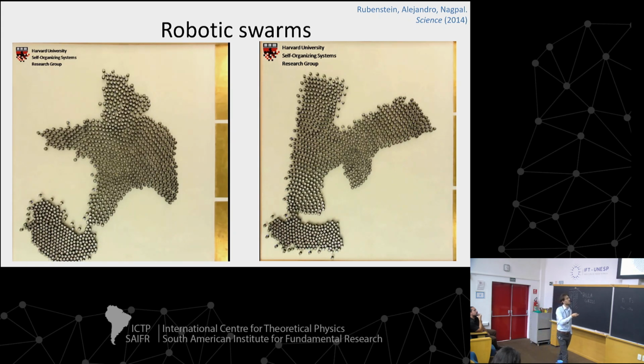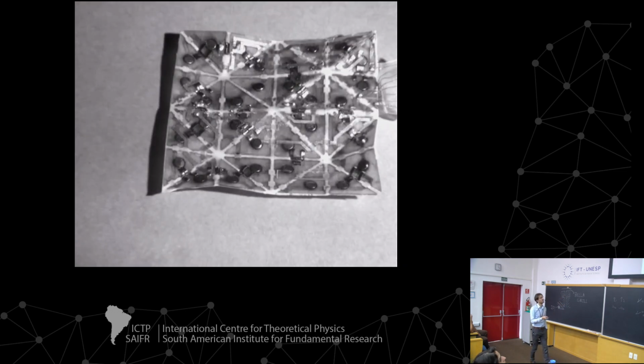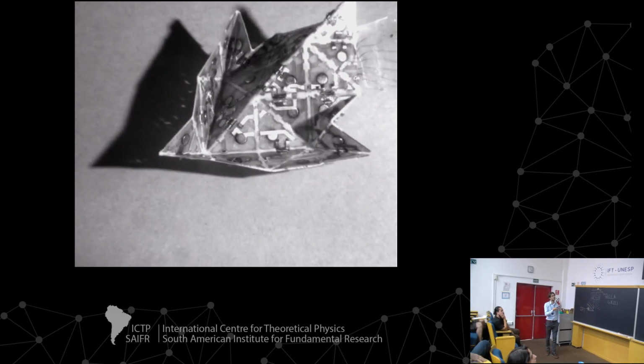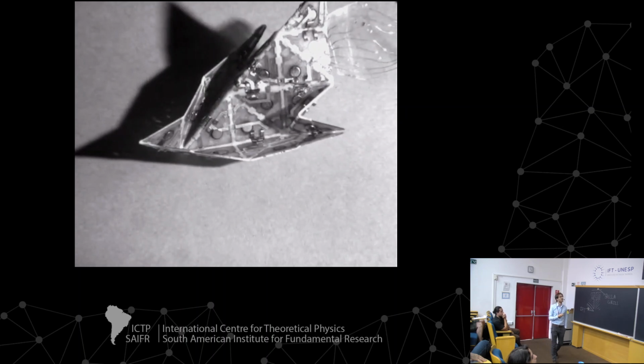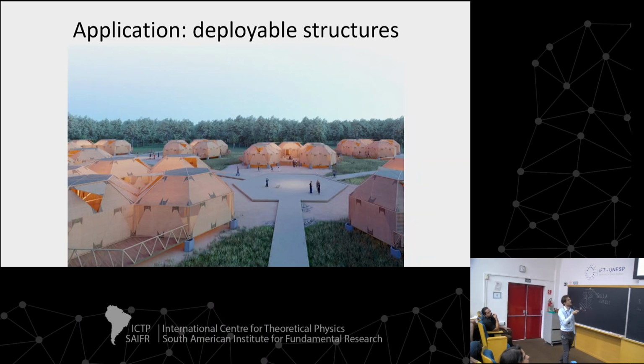I already mentioned origami as another motivator, this self-folding boat, but that also has some technological importance through things like deployable structures, right? So if you want to have a tent that makes itself, or a satellite that can unfurl in space, you want to think about the interactions between activity and elasticity.